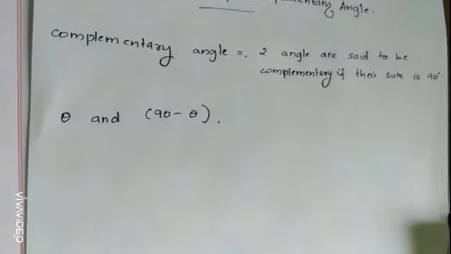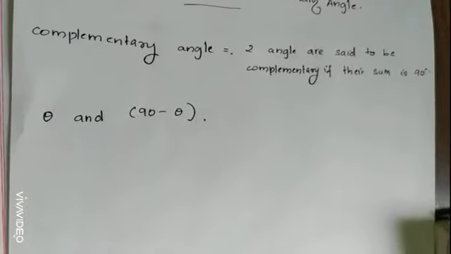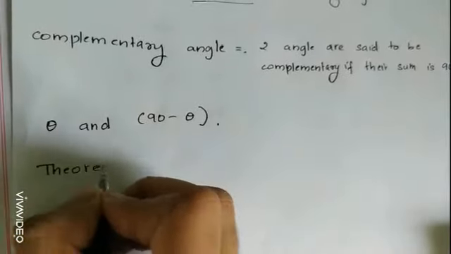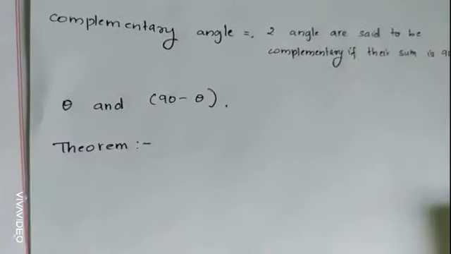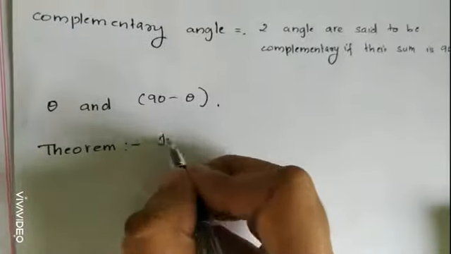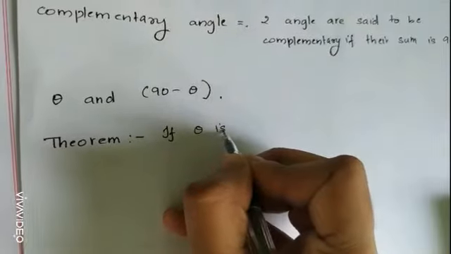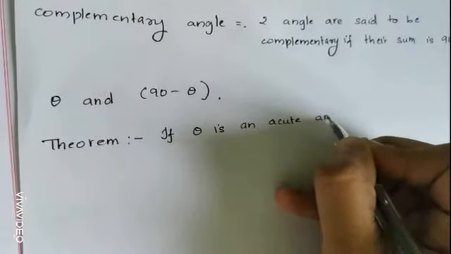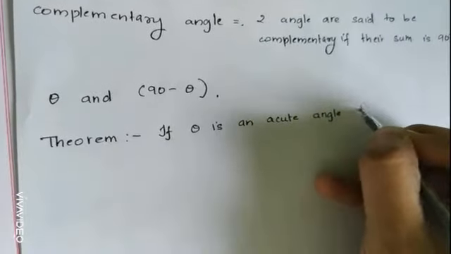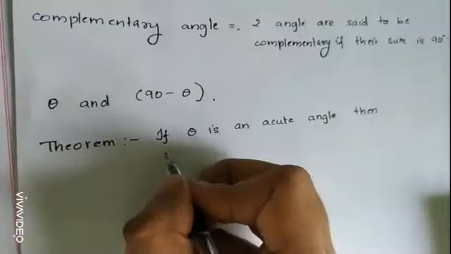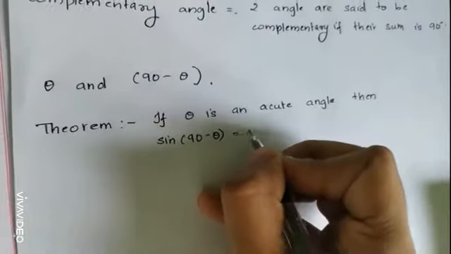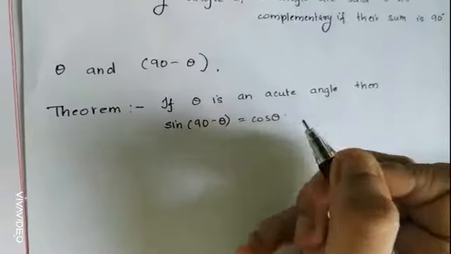So there is a theorem connecting the trigonometric ratios, that is, if theta is an acute angle, then sine 90 minus theta is equal to cos theta.